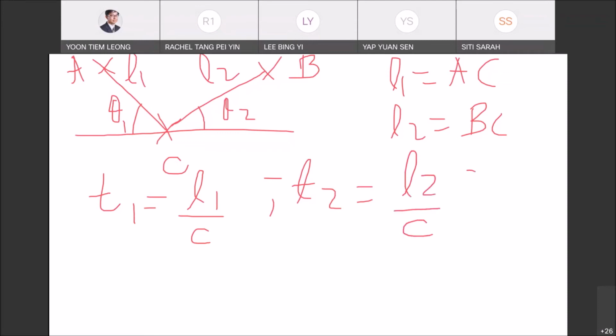So c is the speed of light. It's a constant. This is a usual equation that you write down when you study special theory of relativity in the second semester later.